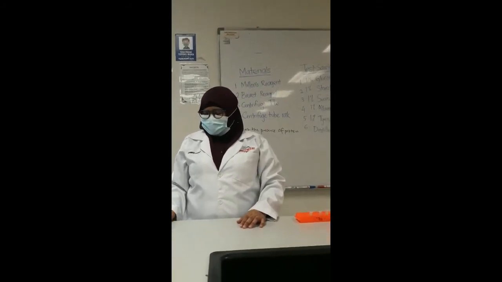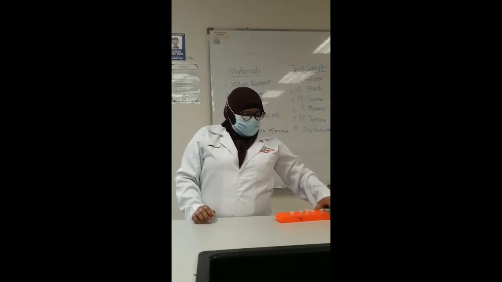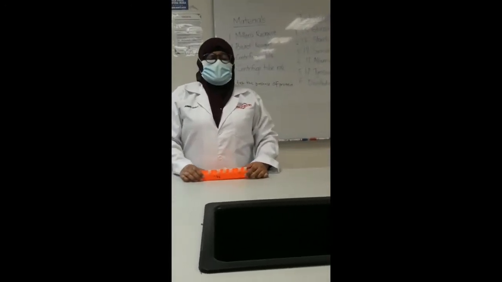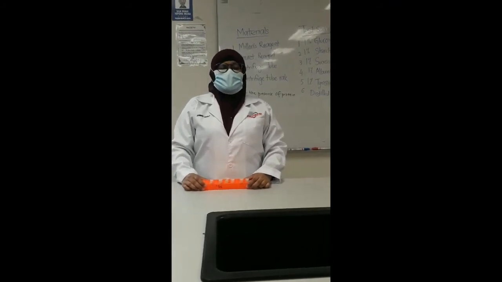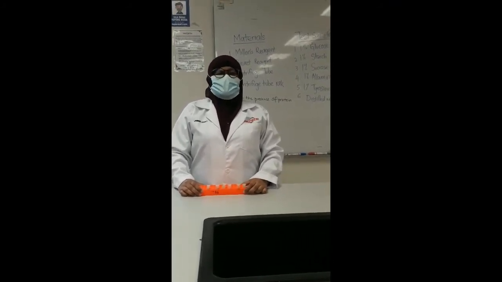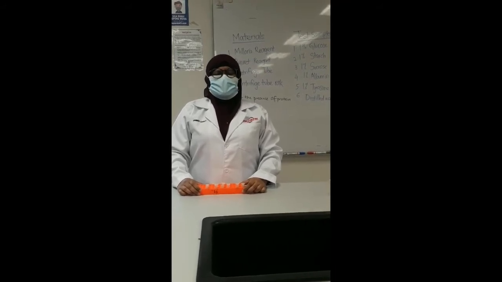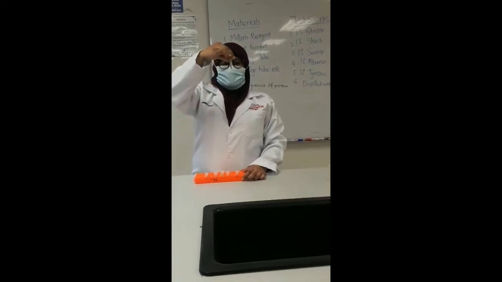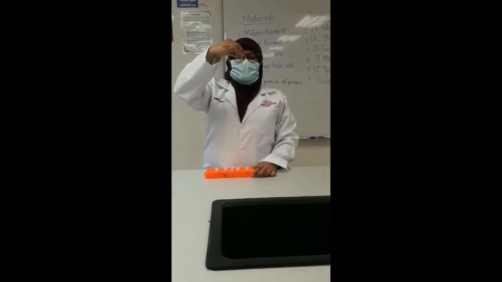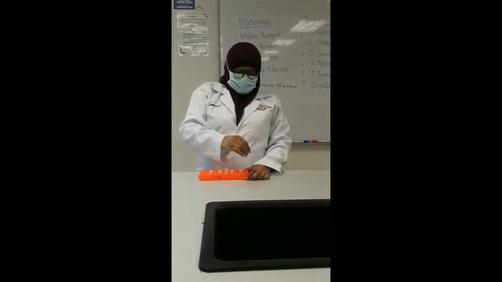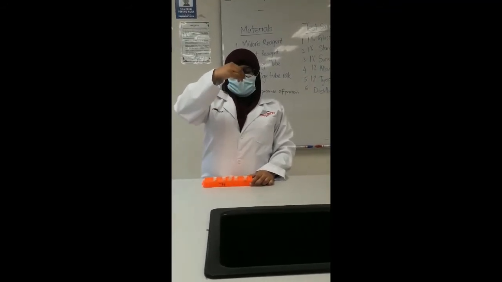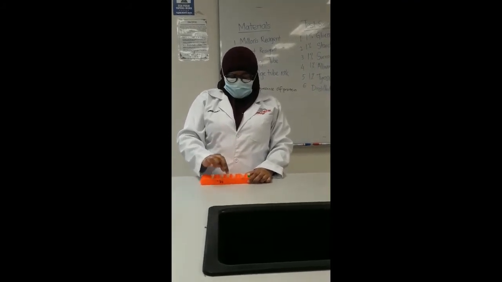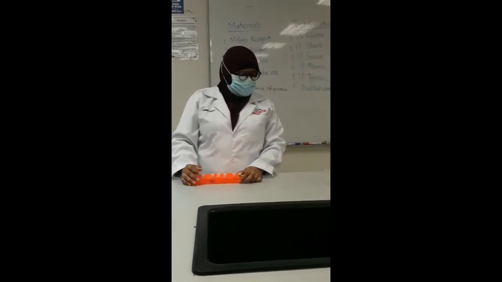Next I will move on to the Millon test. The samples are the same. We still use 1% glucose, 1% sucrose, 1% starch, 1% albumin, 1% tyrosine and distilled water, but we use 1 ml each.